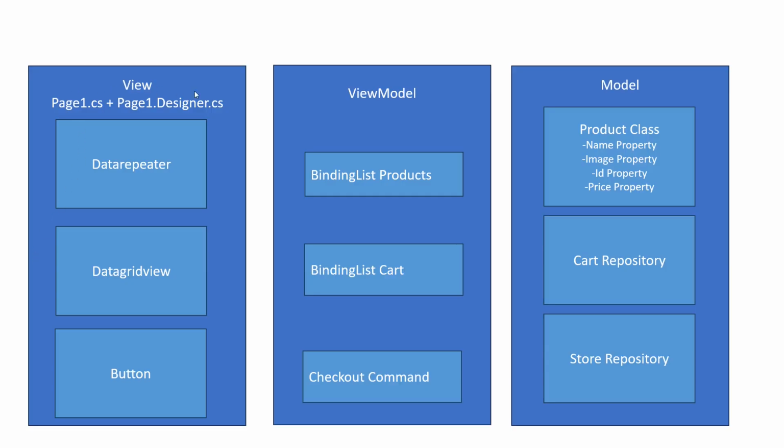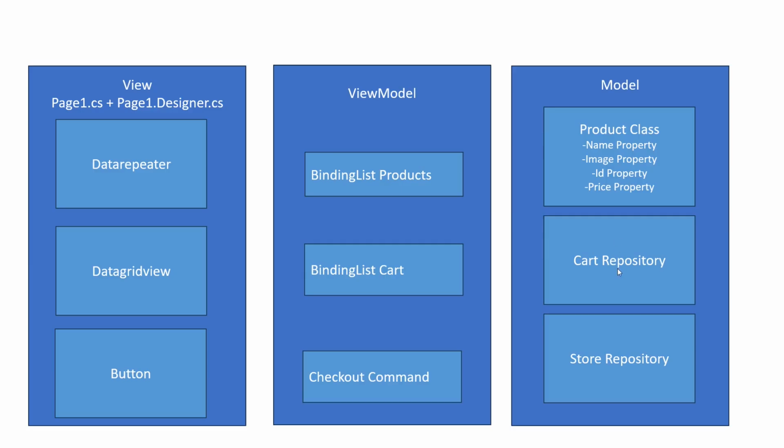So here we have the view. Remember, the view has a data repeater, a data grid view, and a button. We have the view model, which consists of a binding list products, a binding list cart, and a checkout command. And we also have the model, which is our products class. Remember, the products are in the list. The binding list of products and binding list cart, those are lists of products, or more accurately, they are binding lists of products.